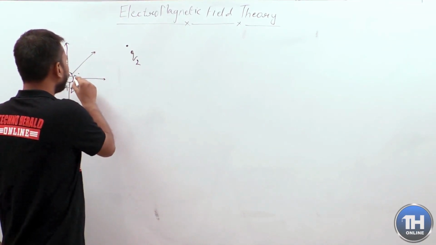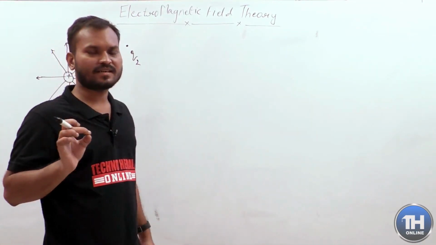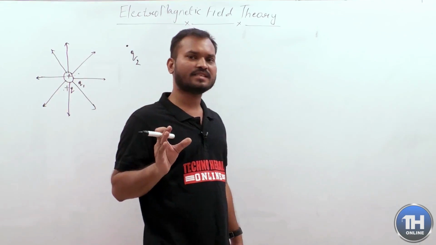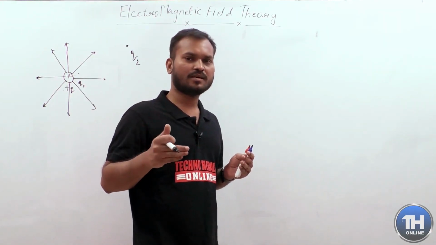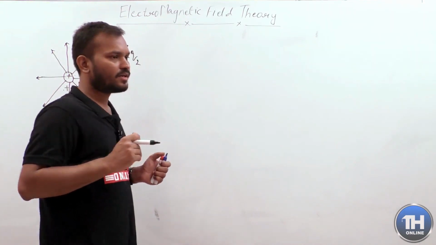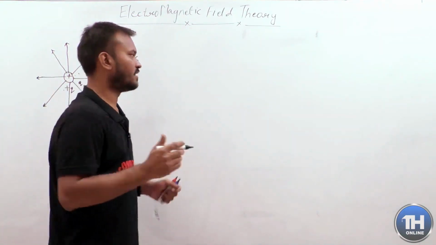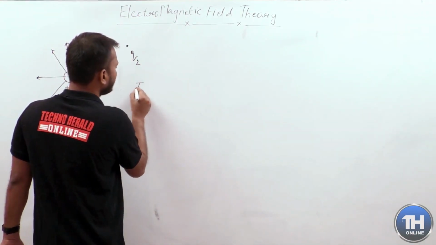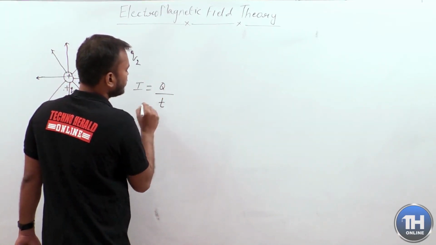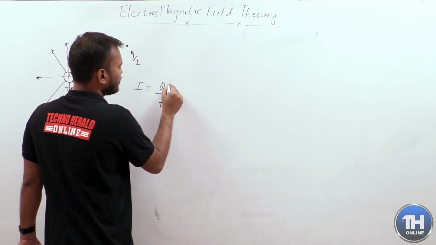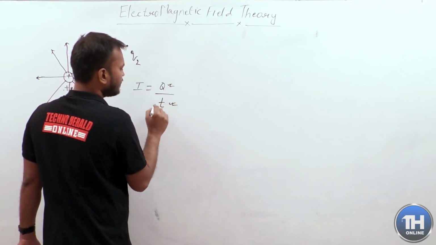Now when this charge is in motion, the current gets produced. The concepts of charge at rest we study in electrostatics, and when this charge comes into motion, we get the current. We already know that charge in motion is nothing but the current. We know that I is equal to Q upon T, that is current is equal to Q upon T, where Q is the charge and T is the time.